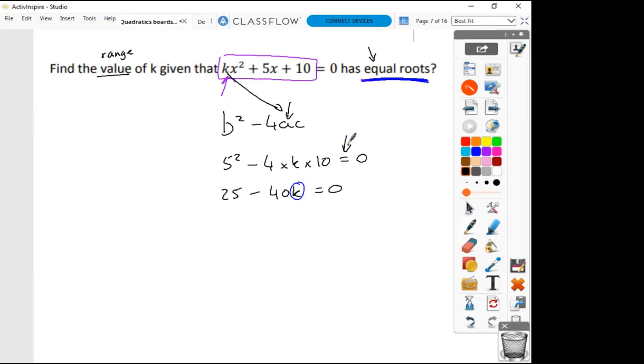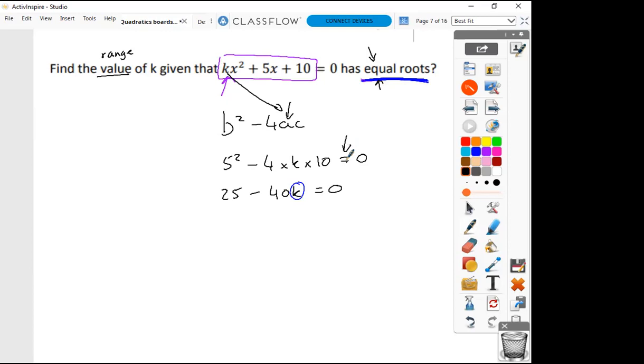So the symbol in here. And if I had no roots, then it's going to be less than 0. Symbol in here. Okay. Find the value of K, given that it has equal roots.